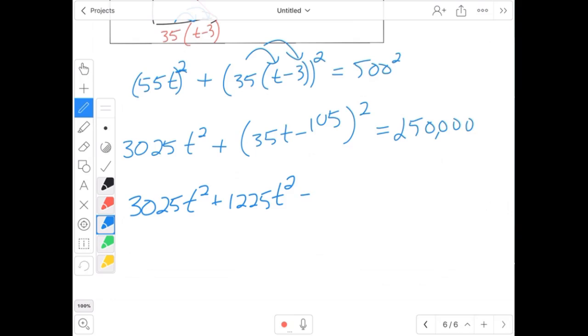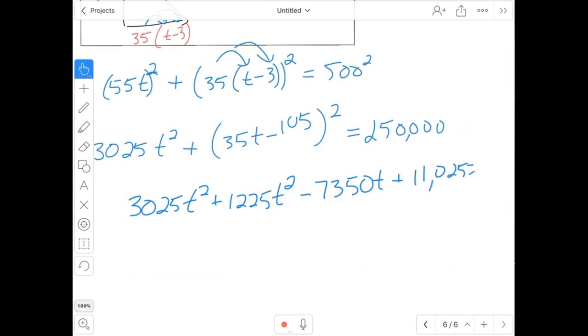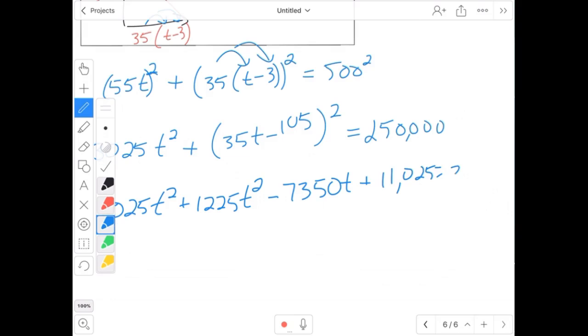That middle term will be minus 7,350 t, and then we'll do plus 11,025. It's going to be equal to 250,000. All right.